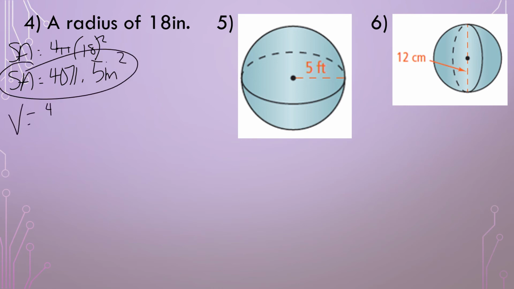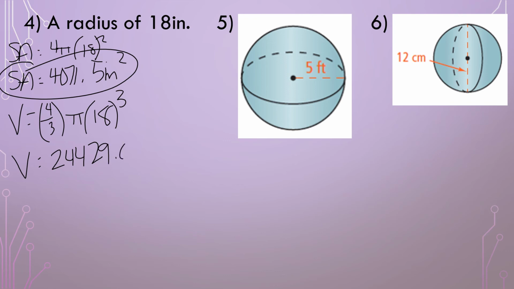For the volume, again, plug it in, use parentheses, 4/3 pi times r cubed. Plug it all into your calculator, you get 24,429.02, is this centimeters or inches? Inches cubed. Make sure you have the correct units there.